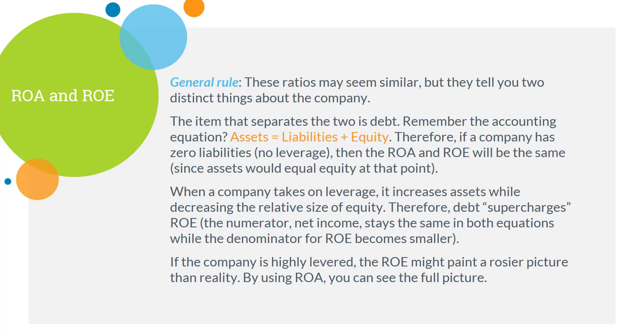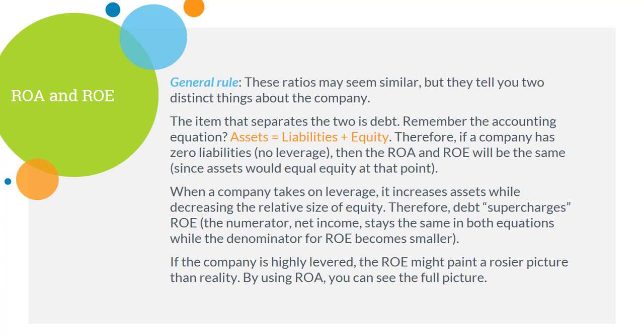So on a relative basis, equity decreased compared to assets. In other words, debt is supercharging ROE, return on equity. And how it supercharges it is the numerator, which is net income, stays the exact same in both equations, while the denominator becomes smaller.